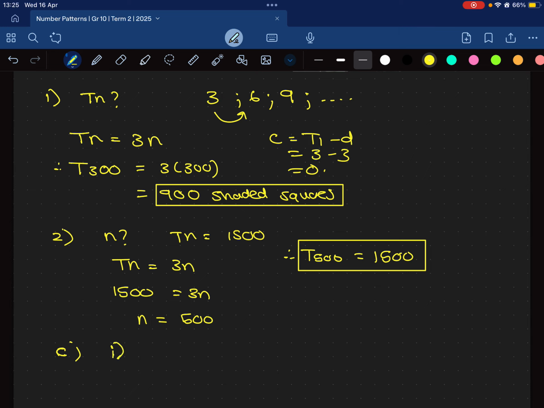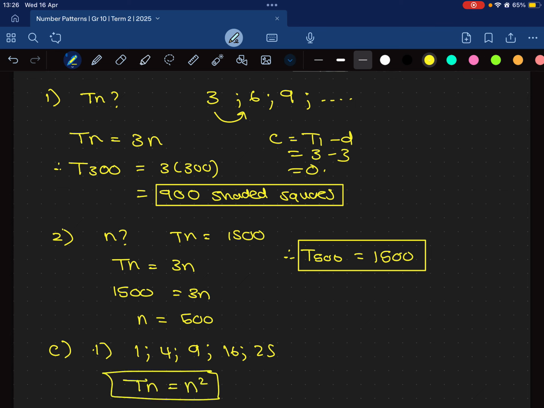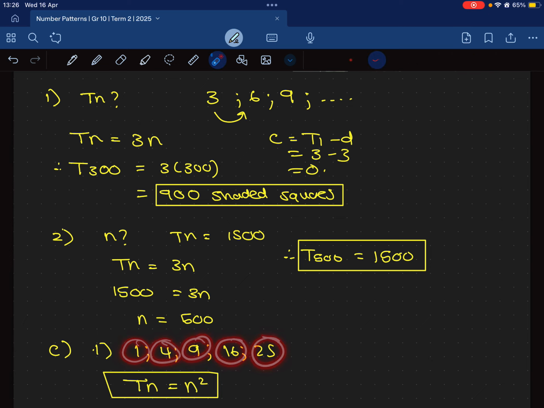The first one is 1, 4, 9, 16, 25. Hopefully you can see that this is the special number pattern, the square number pattern. So the general rule will be Tn equals n squared, as this is 1 squared, 2 squared, 3 squared, 4 squared, 5 squared.